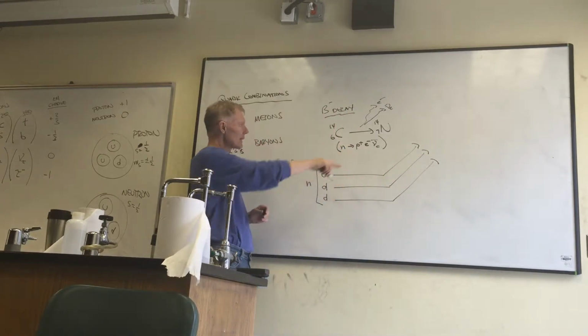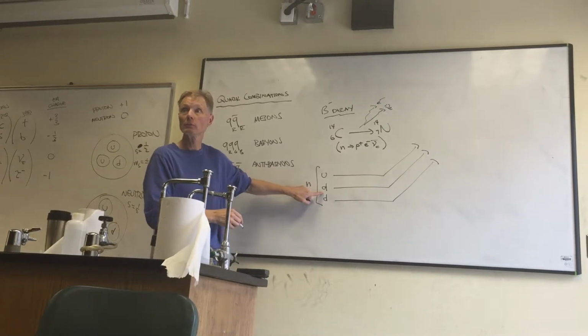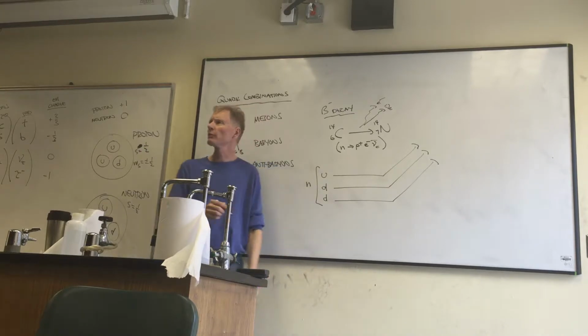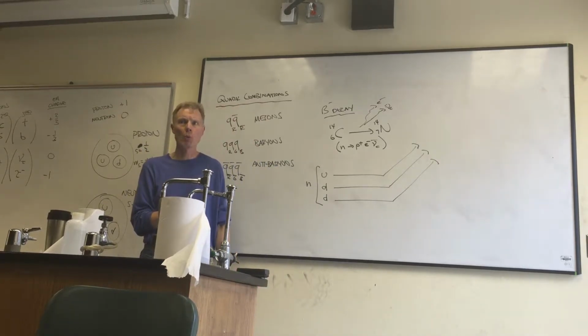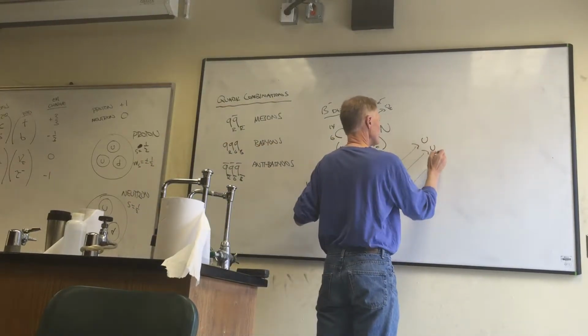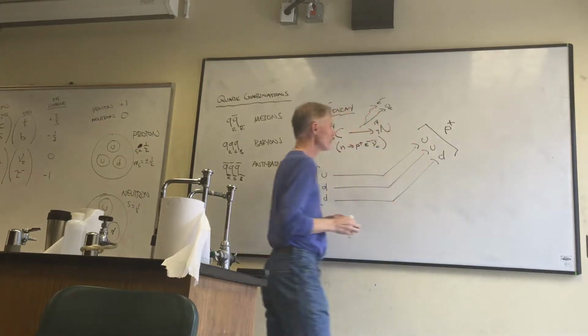And at the end of the decay, what flavors of quarks do I have? Up, up, and a down. So one of these quarks changes flavors. Which one? Well, we'll just say that this one here, up, up, down. And this is now a proton.